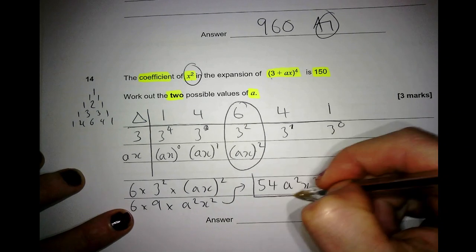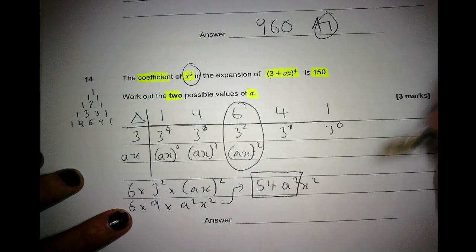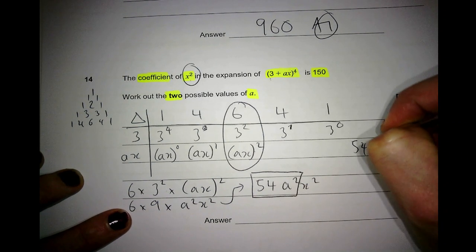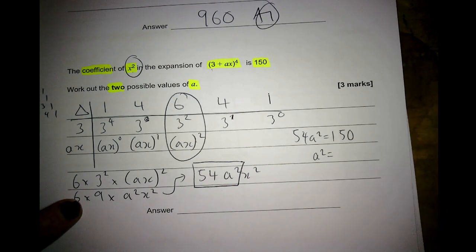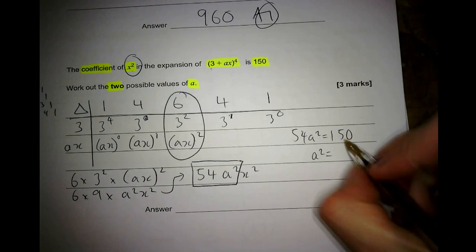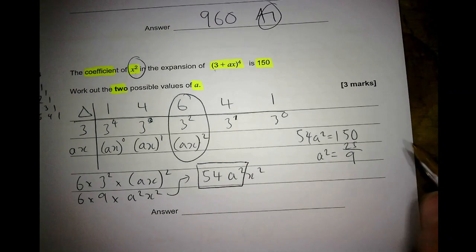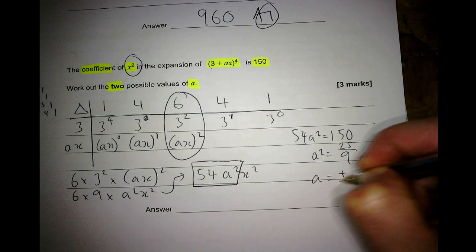So the coefficient is equal to 150, so 54a squared equals 150. And I'm going to solve to get a. So a squared is 150 divided by 54, 25 over 9. So the square root of that, a is going to be plus or minus 5/3.